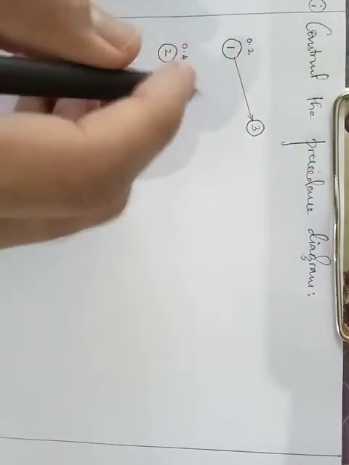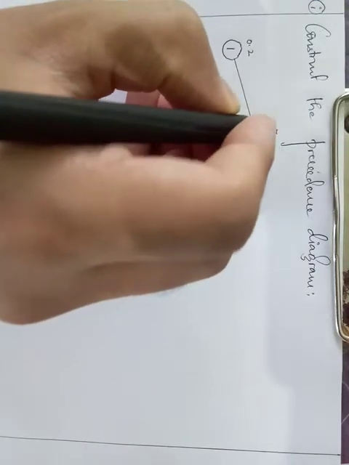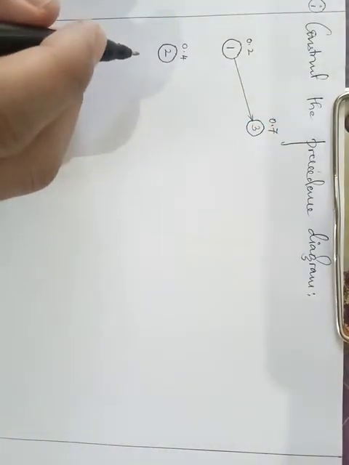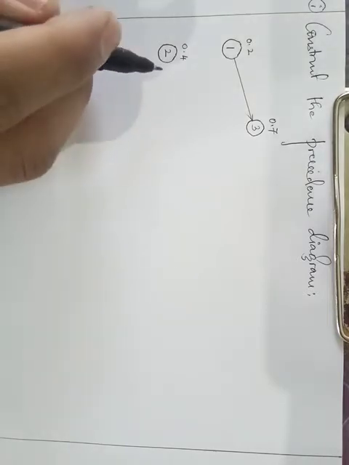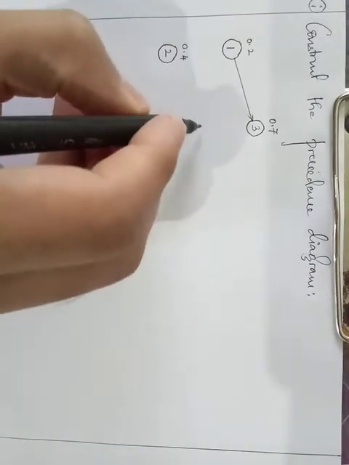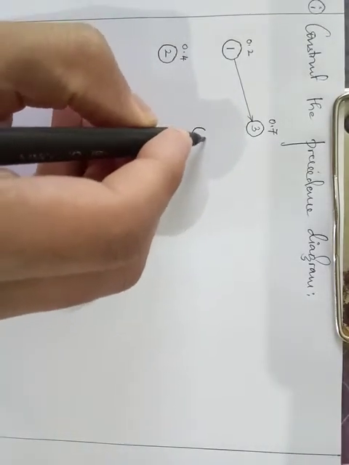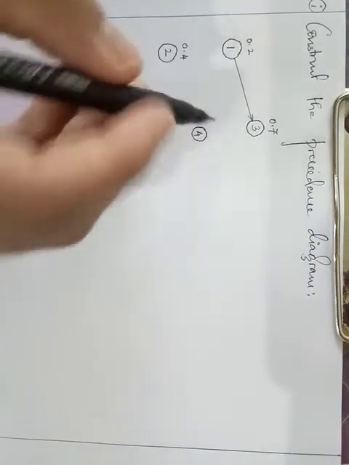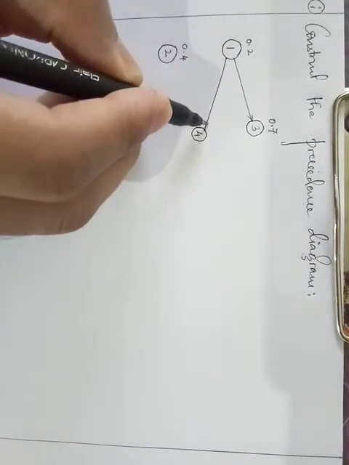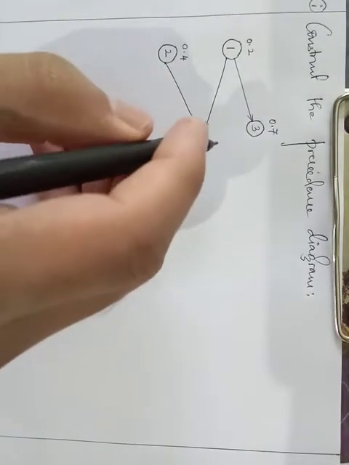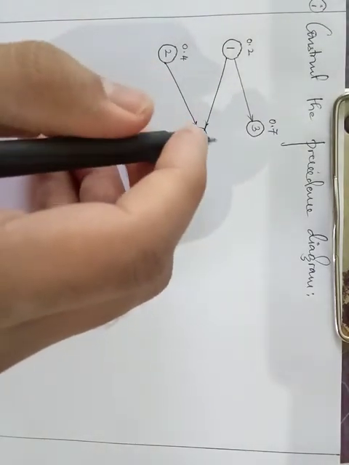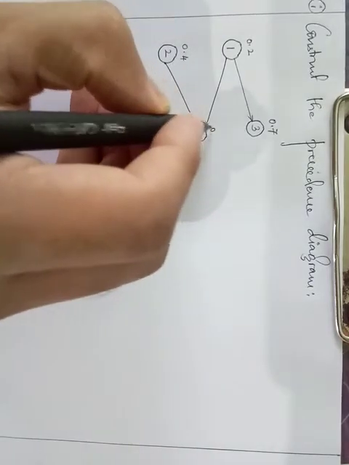So the time here is 0.7, and for 4 it is 1 and 2. So let me take 4 here. So it is 1 and 2. Work element time for 4 is 0.1.